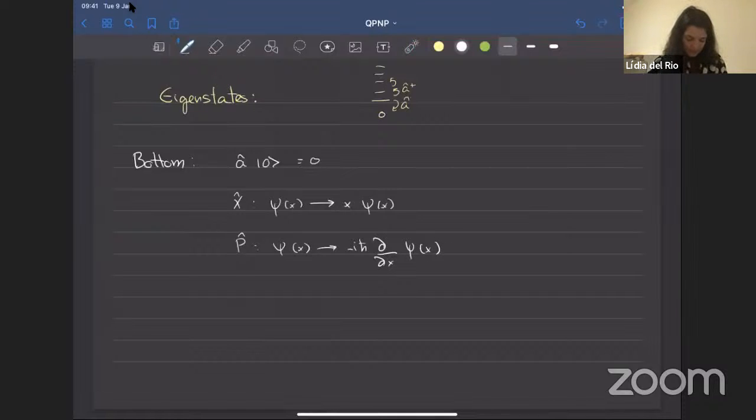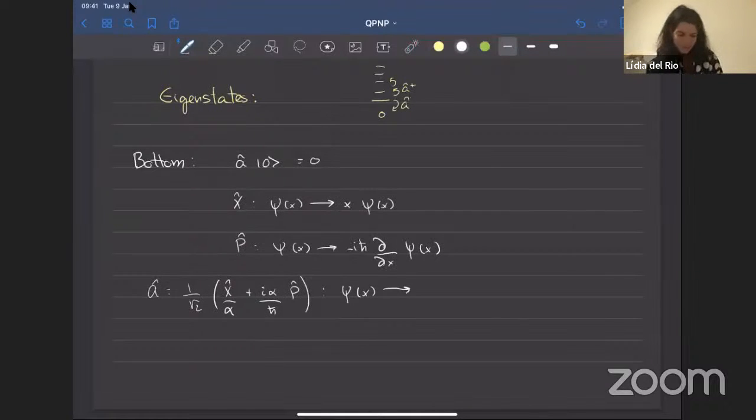And we know that A is 1 over square root of 2. This is what we did before, if you don't remember when we found the form for this, plus i α over ħ p. So then from here, we can see directly how it acts on the wave function. So it goes to 1 over square root of 2, 1 over α, xψ(x).